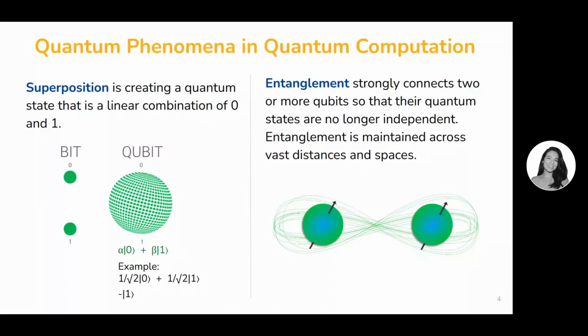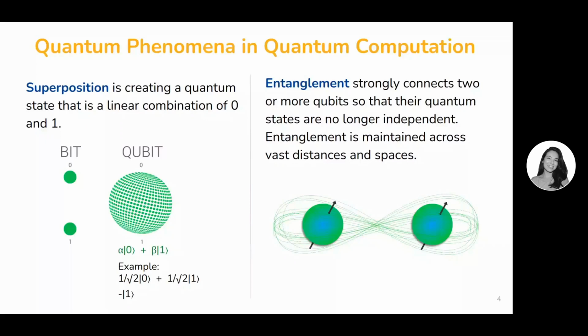So please refrain from saying that the qubit is 0 and 1 at the same time, because this is mathematically wrong. Logically speaking, we say that the qubit is a superposition of 0 and 1 states, which means that it is a linear combination of 0 and 1, which is the mathematical definition of what a qubit is.